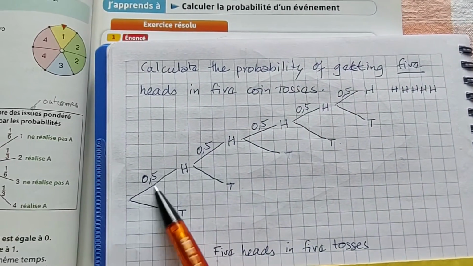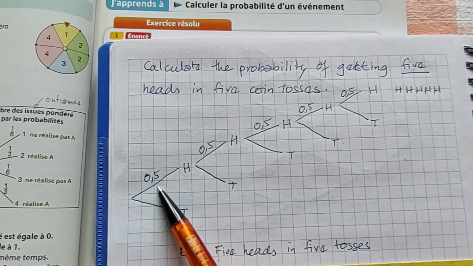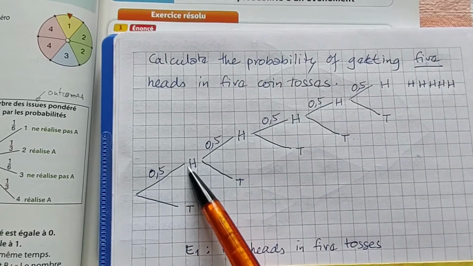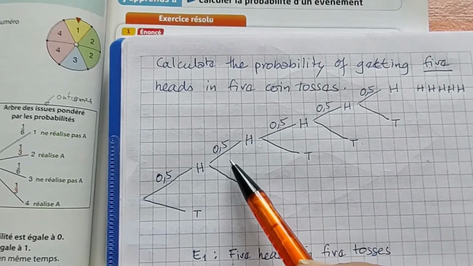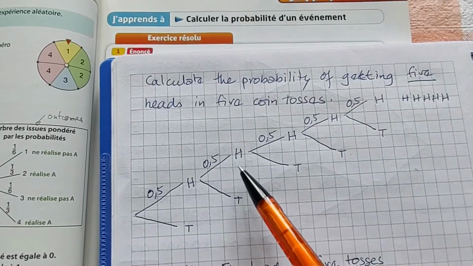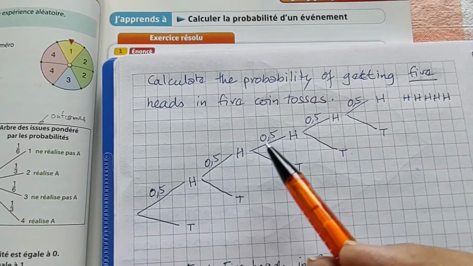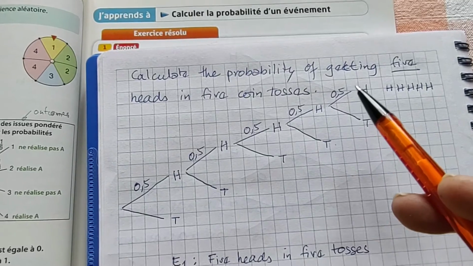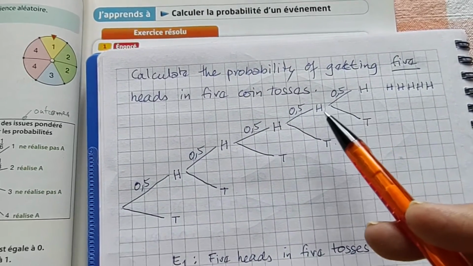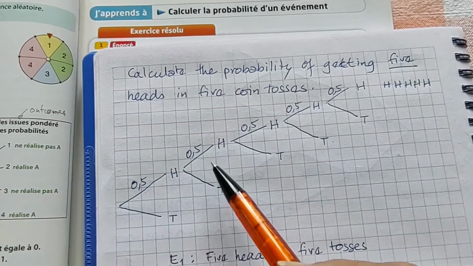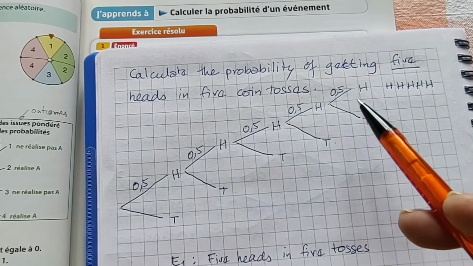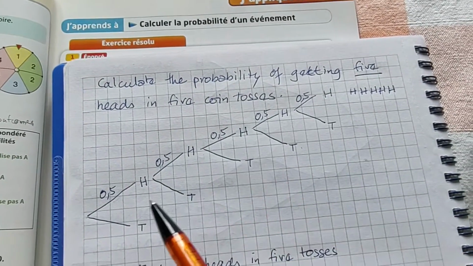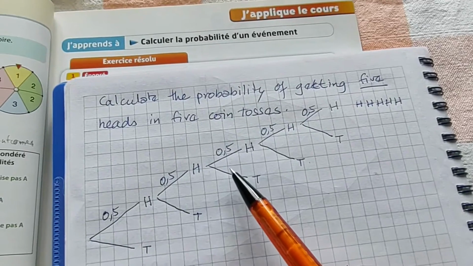The first time we toss it, we have a half, 50% chance of getting heads, and the second time we toss it, we have a 50% chance of getting heads, and so on. It's always 50%. There is no concept of memory. The coin doesn't remember what has gone before. Each of these is an independent trial.